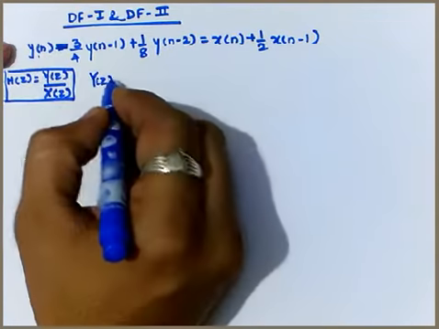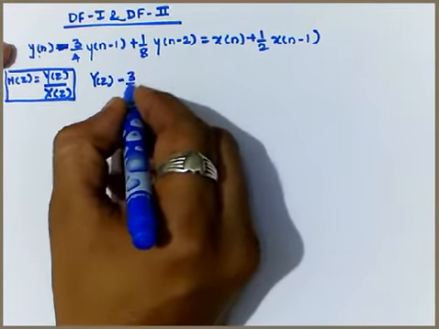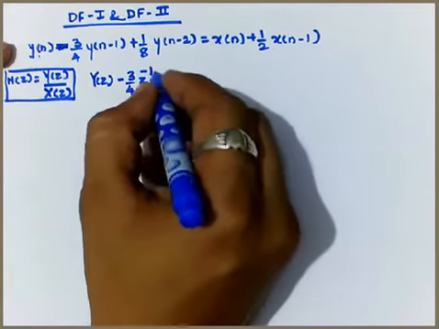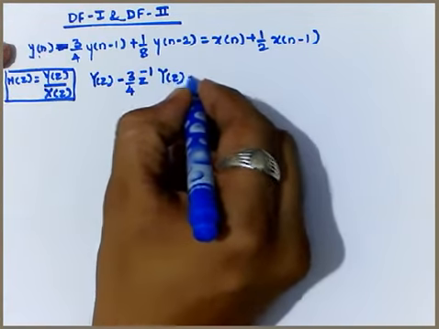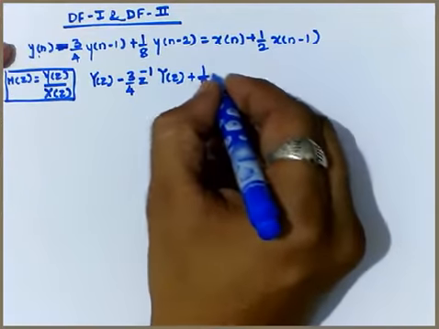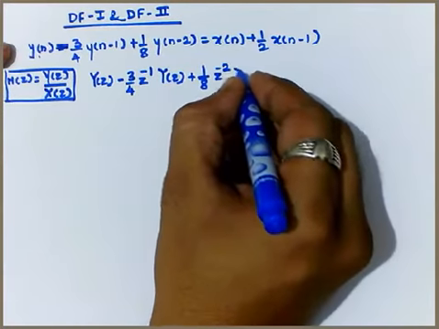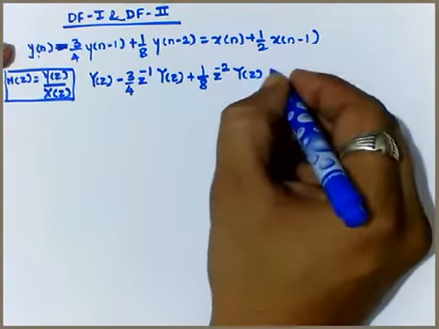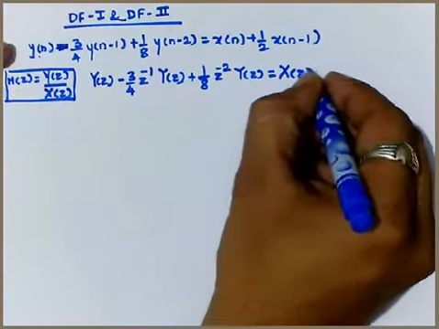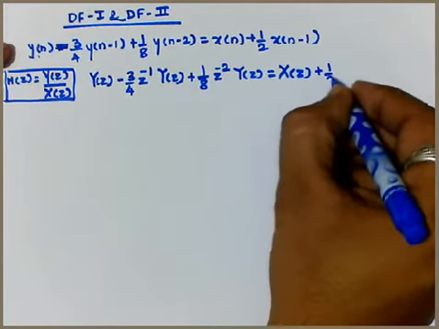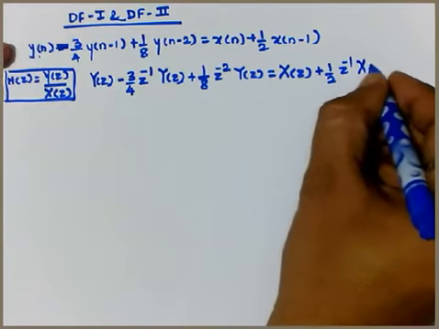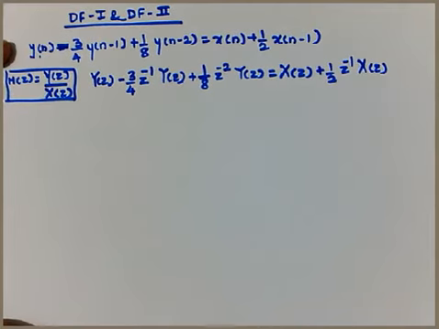So this will become Y of z minus 3 by 4 z inverse Y of z plus 1 by 8 z raised to minus 2 Y of z is equal to X of z plus 1 by 2 z raised to minus 1 X of z.